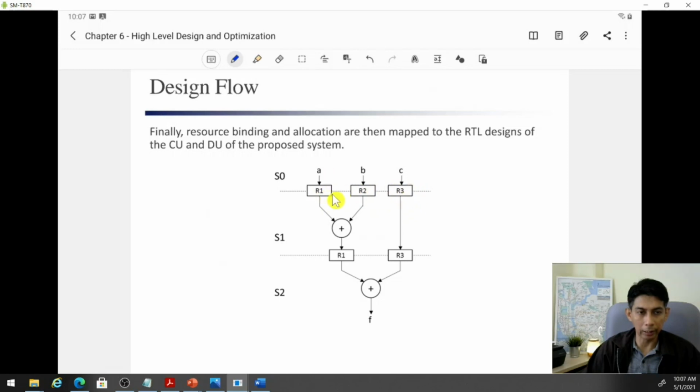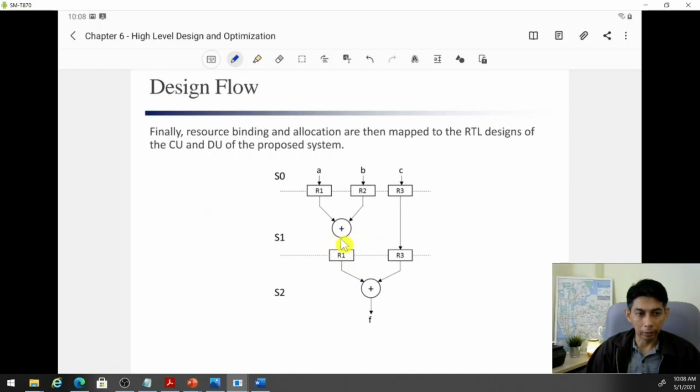In this case, A is stored in register R1, B in R2, and C in R3. And when we add these two, A and B, we store the result in R1. So this is resource binding and allocation. We allocate the data into the registers.